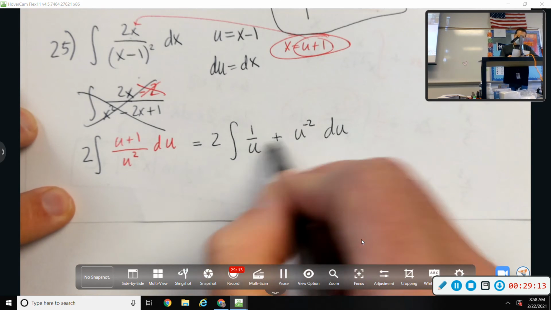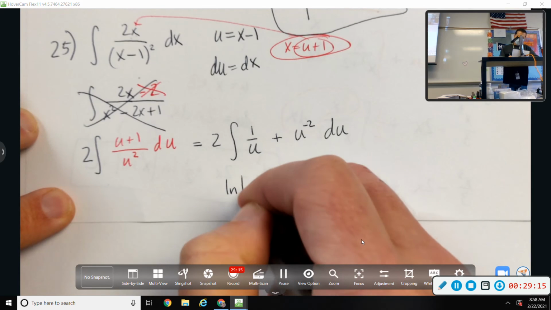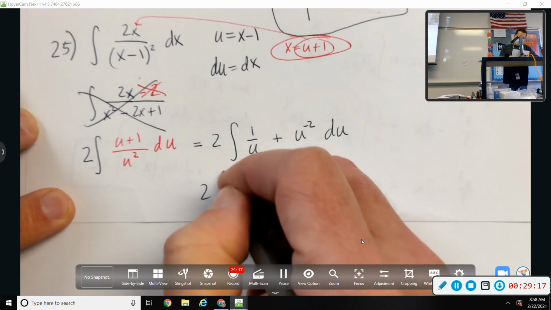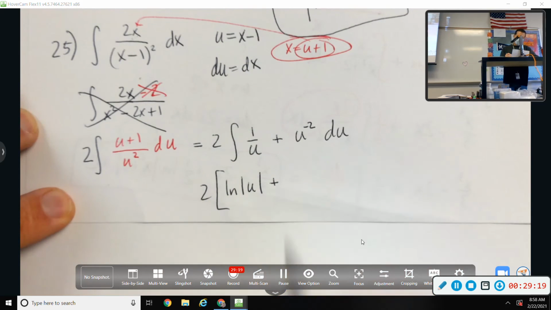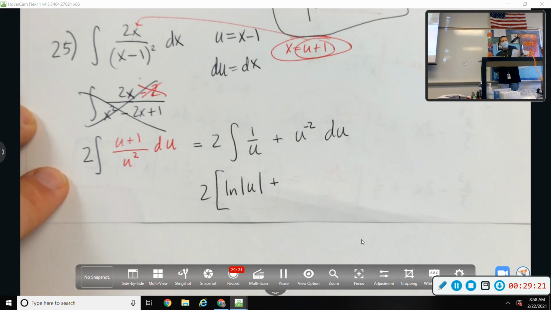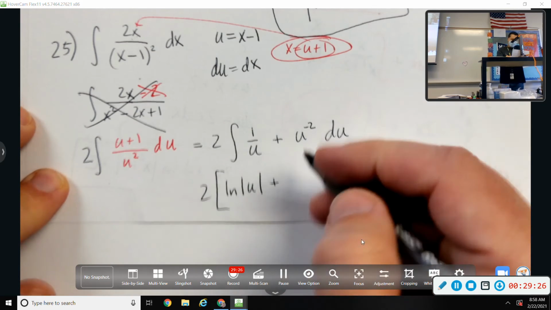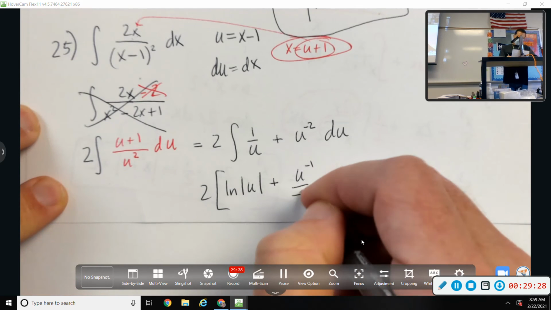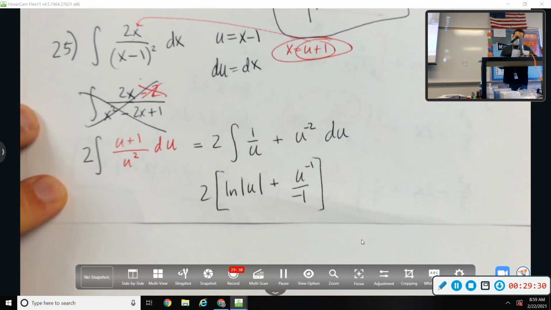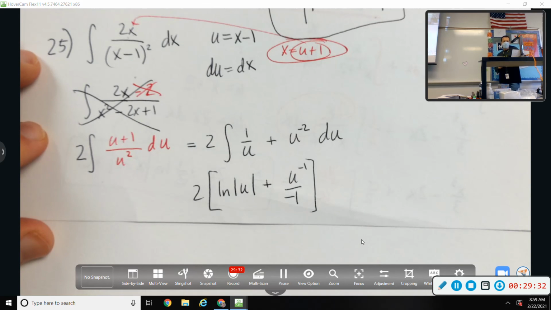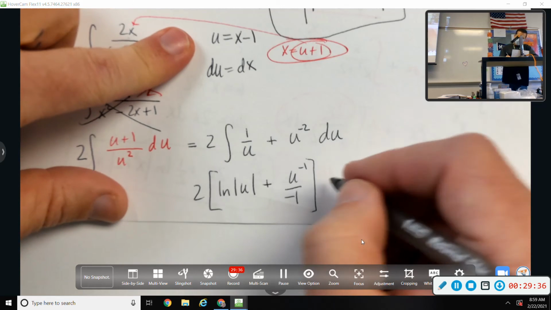So I'm going to integrate 1 over u and I get natural log, absolute value of u. I integrate u to the negative 2. I increase the power by 1. Divide by the new power. I need a plus c on there, but I'm going to substitute the x minus 1 back in first.